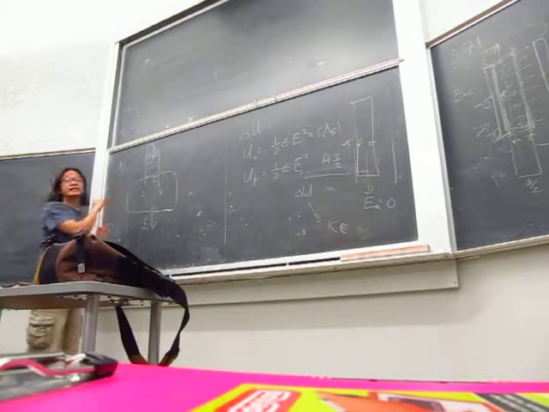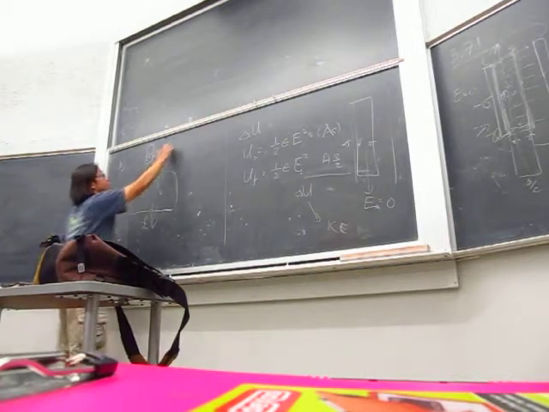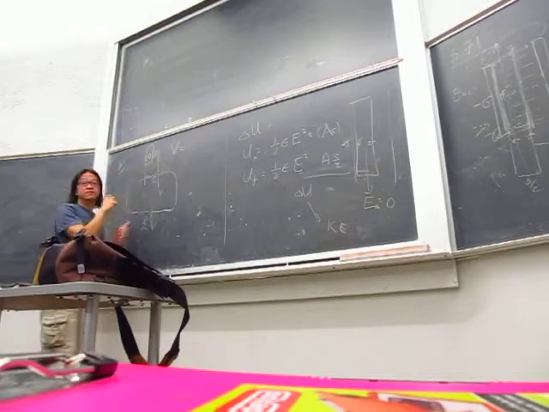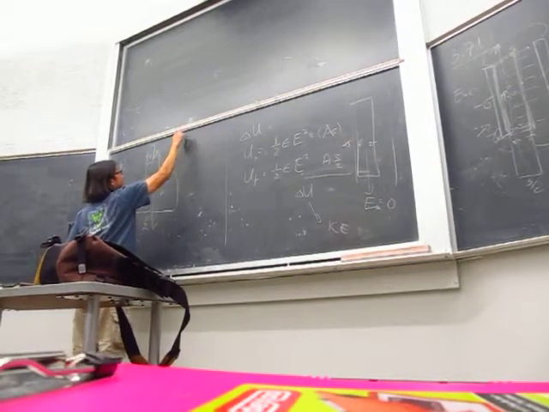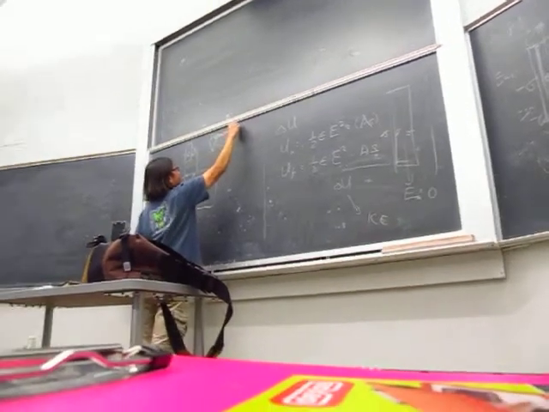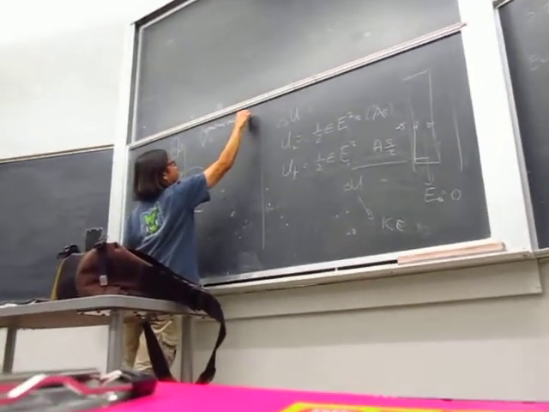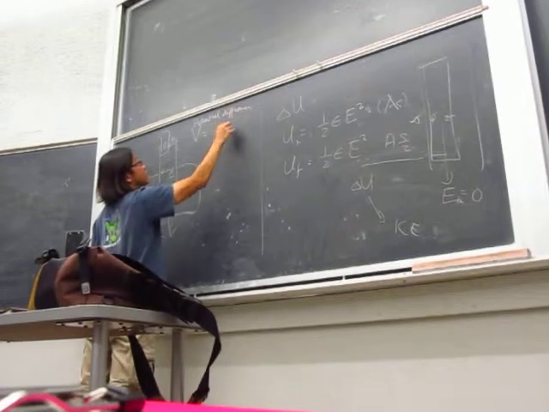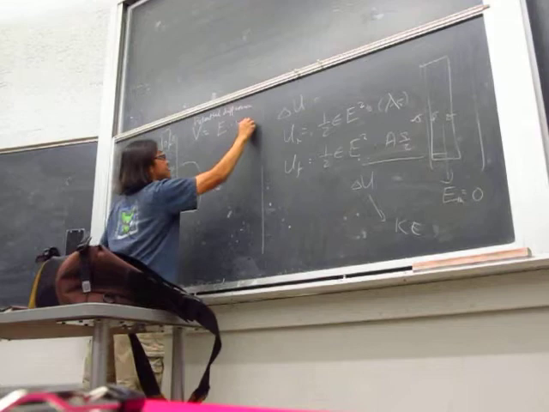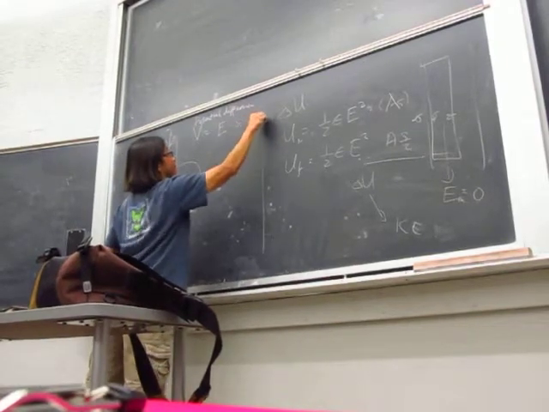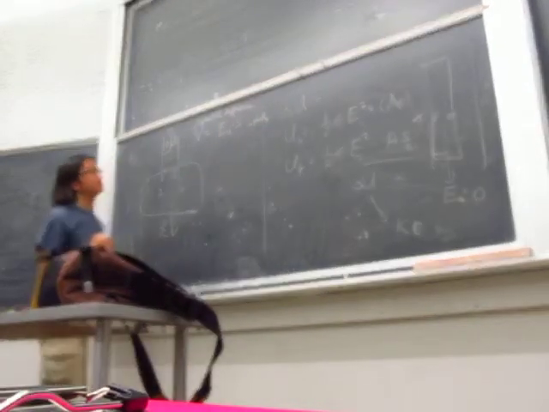For an infinite slab, the potential difference has to be equal to E times S originally, at the beginning, initially. E_i is here.